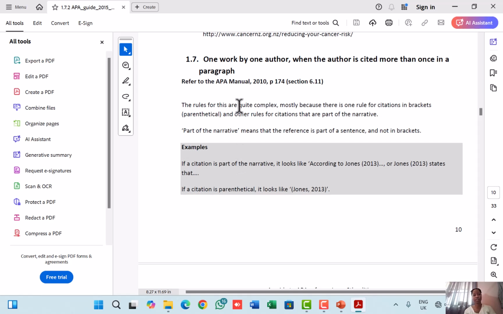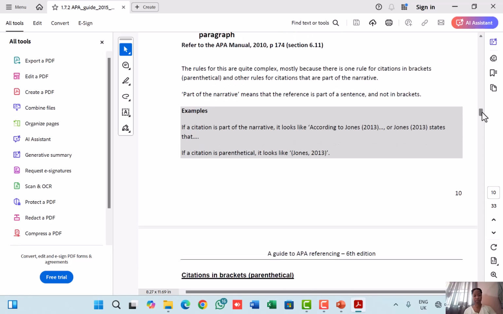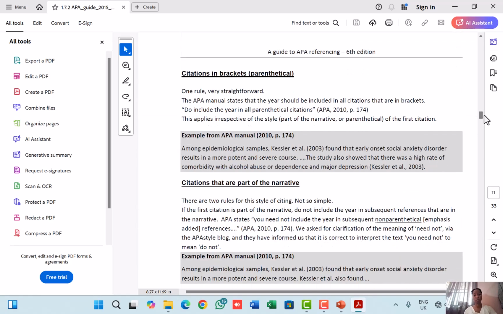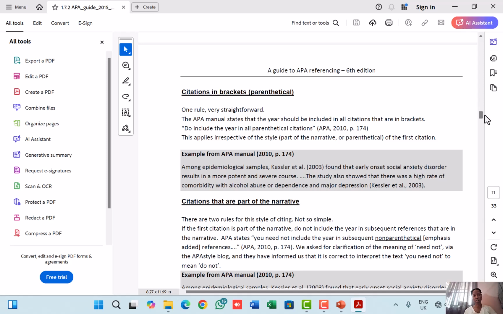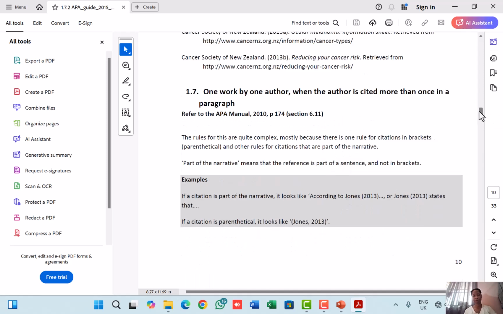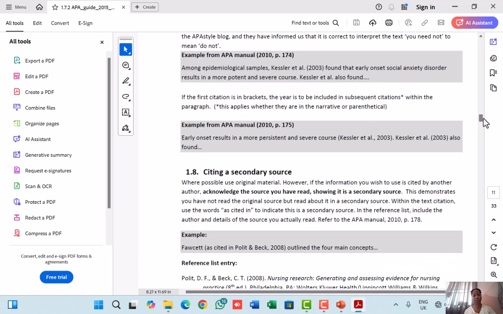If the citation is parenthetical, it looks like this: (Jones, 2013). Take note of this and this. We have citations in brackets. We have a lot of information here, so really refer to this book.